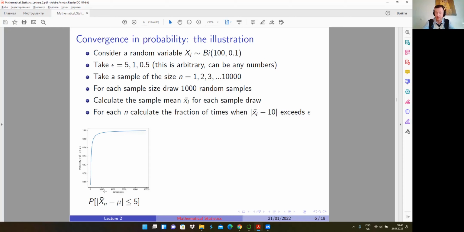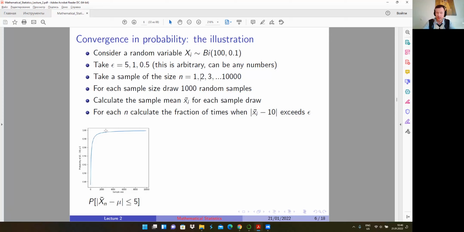So look what happens. If I set epsilon to 5, here on the horizontal axis I have the sample size, and here I have the fraction, or the ratio, or the proportion of times when, under the sample size, let's say 1 or 2 or 3 or 4 or 5, the actual realization doesn't exceed 5, sorry, is less than or equal to 5.